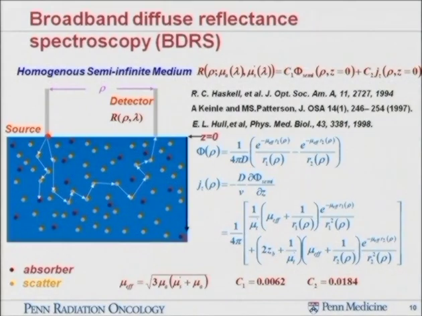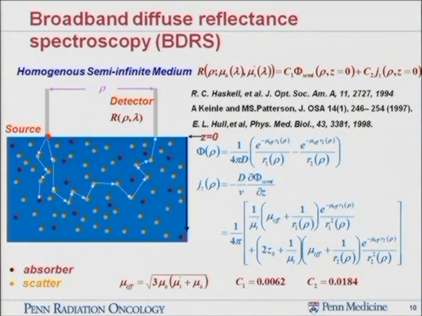Now there are two coefficients, C1 and C2, and those coefficients depend on the boundary condition, as well as the detector type. And I remember last lecture someone asked me whether one can use an isotropic detector here. Yes, one can use an isotropic detector, but if you use flat cut fibers, you have an NA that's constrained by a particular NA, and for that particular condition, you can get this C1, C2 number, which is a function of the index of refraction of air and the index of refraction of tissue.